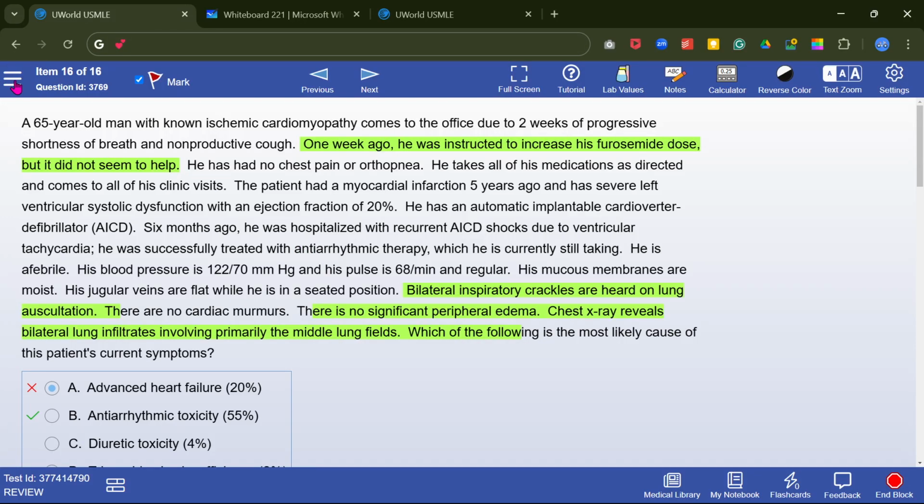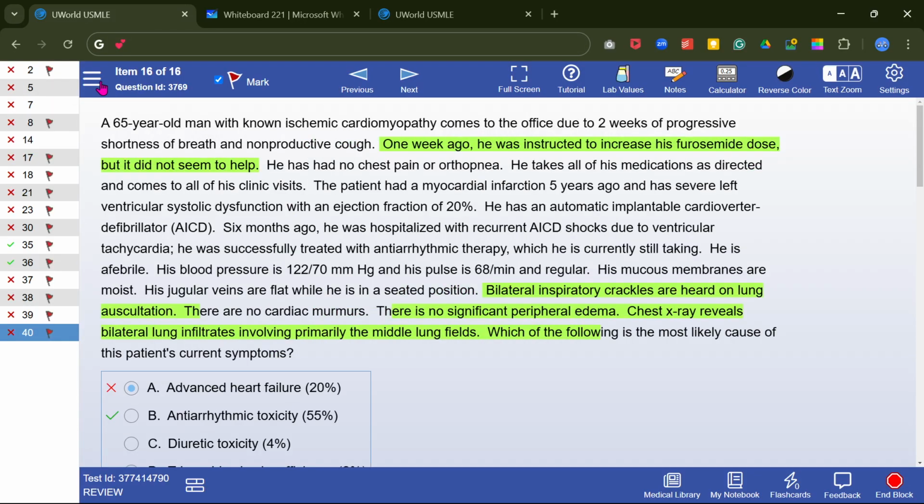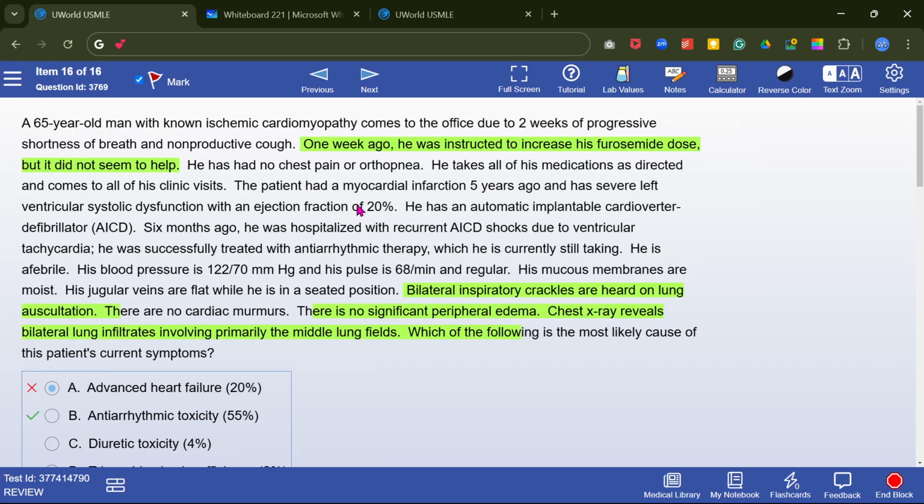So the last but not the least, I will discuss the whole question. A 65-year-old man with known ischemic cardiomyopathy comes to the office with 2 weeks of progressive shortness of breath and non-productive cough. One week ago he was instructed to increase the furosemide dose, but it did not help him.